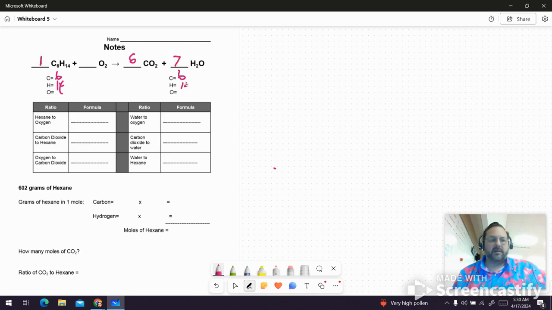Now I have 14. Oxygen, starting on the right-hand side, I have 12 plus 7. That's going to be 19. That's not going to work. So I'm going to go back up here, change this to a 2. That's going to make this 12. Change this to 12. It's starting to get messy, isn't it? I don't want to erase it because I want you to see my process. This hydrogen is going to be 28.